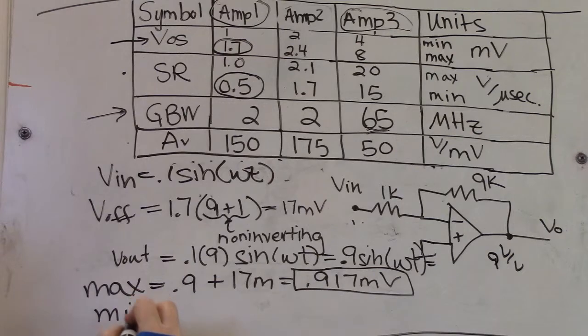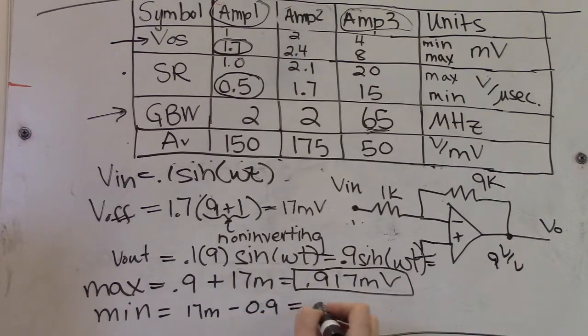And my minimum is going to be 17 milli minus the 0.9. These are not millivolts, these are volts. So this would be the maximum and minimum I would see due to the voltage offset error.